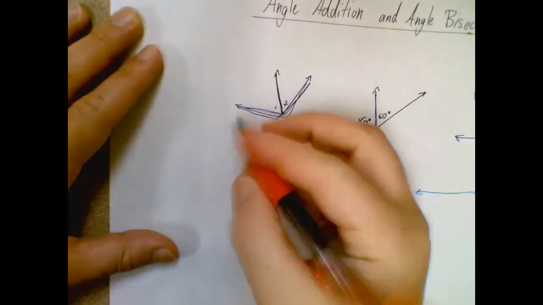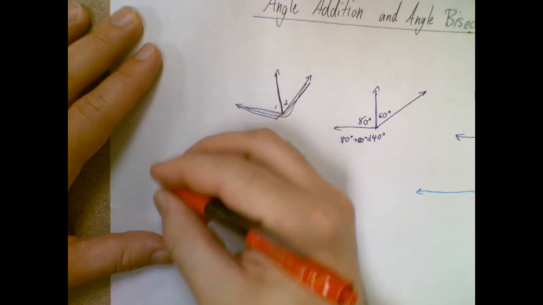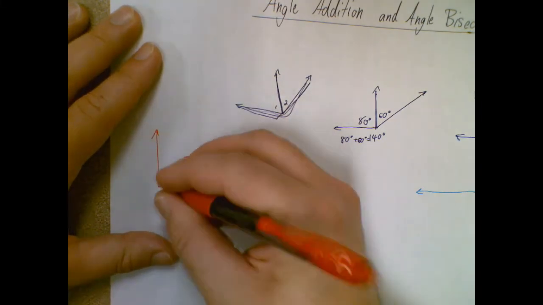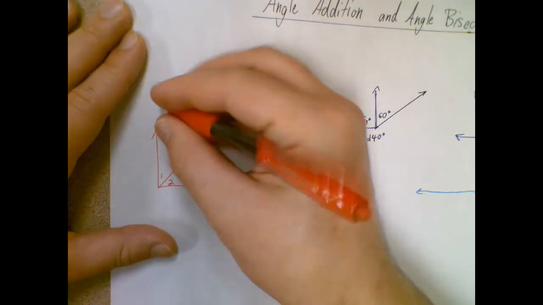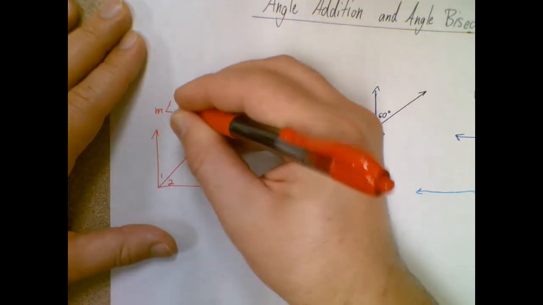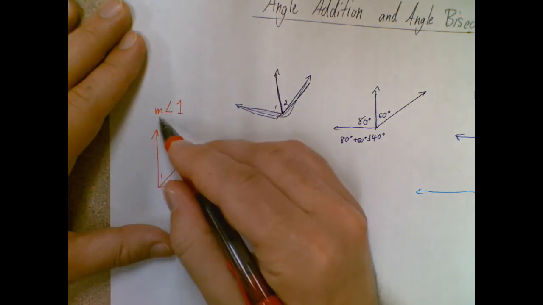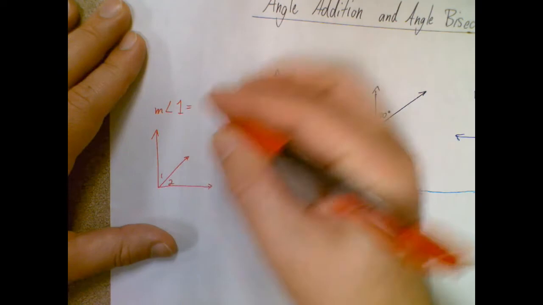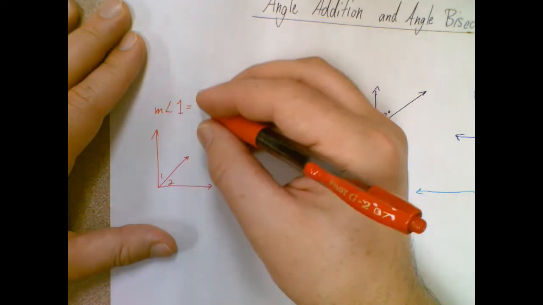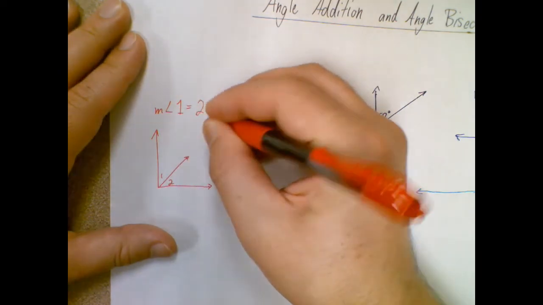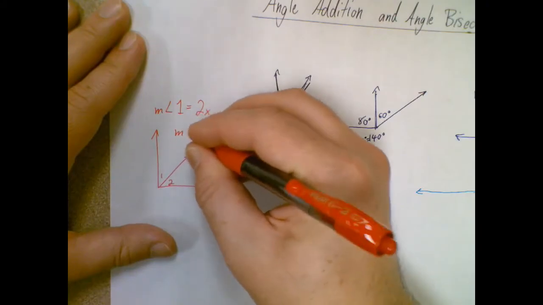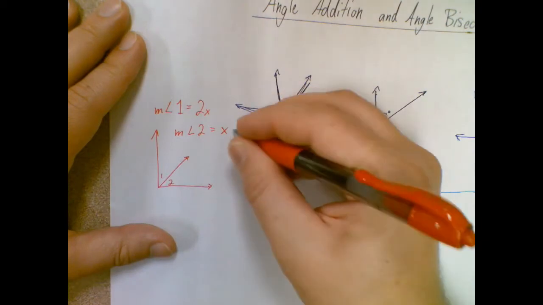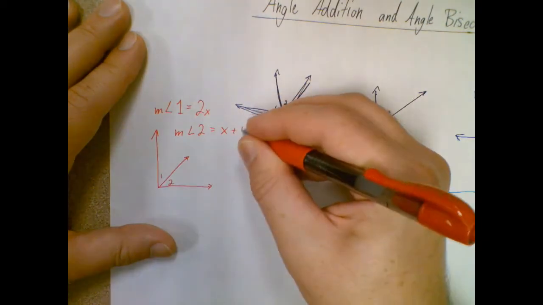For example, sometimes you make an equation out of them. Let's say I have a set of complementary angles, angles 1 and 2. The measure of angle 1, and remember that measure means it's going to be in degrees, is 2x. The measure of angle 2 is x plus 40.